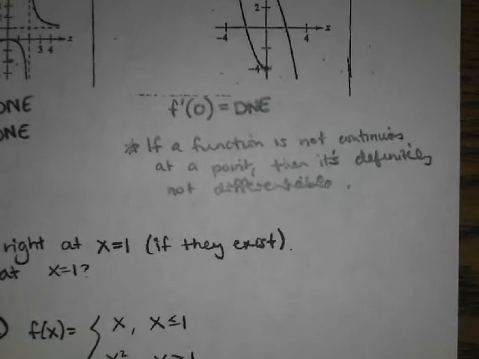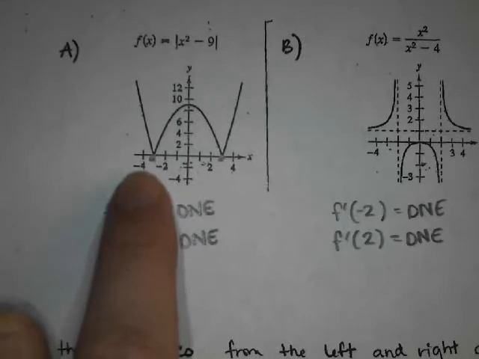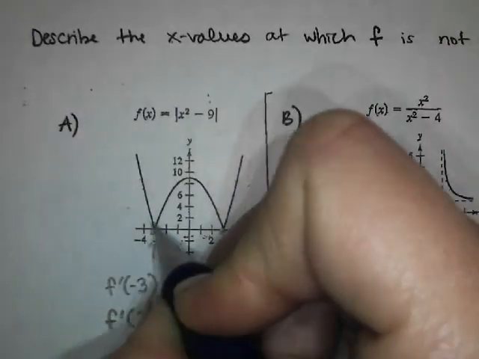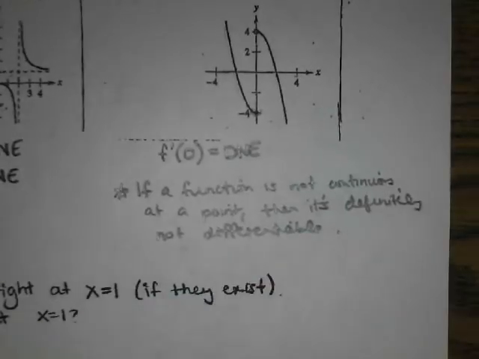However, I will say this, just because it is continuous does not mean it has to be differentiable either. Case in point, look back at A. This one's continuous, but that doesn't mean it's differentiable, right? It's continuous at -3: limit from the left, limit from the right, and function value at -3. But just because that is continuous does not mean it has to be differentiable. But this is the inverse. If something is not continuous, then it is definitely not differentiable. Okay, can we wrap our head around that? So it kind of works one way, but not necessarily the other.